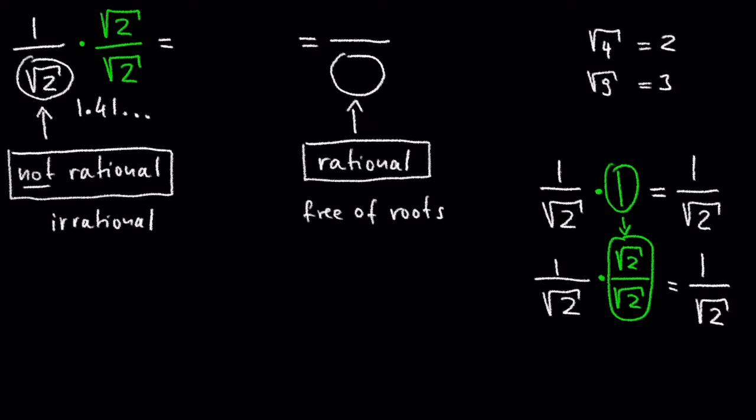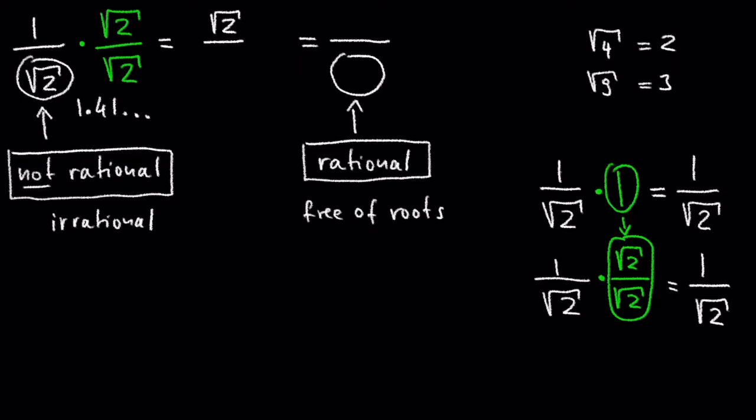We multiply fractions by multiplying the numerator by the numerator and the denominator by the denominator. 1 times the square root of 2 is the square root of 2. But what is the square root of 2 times the square root of 2? If you're unsure, feel free to watch my video about the laws of roots.